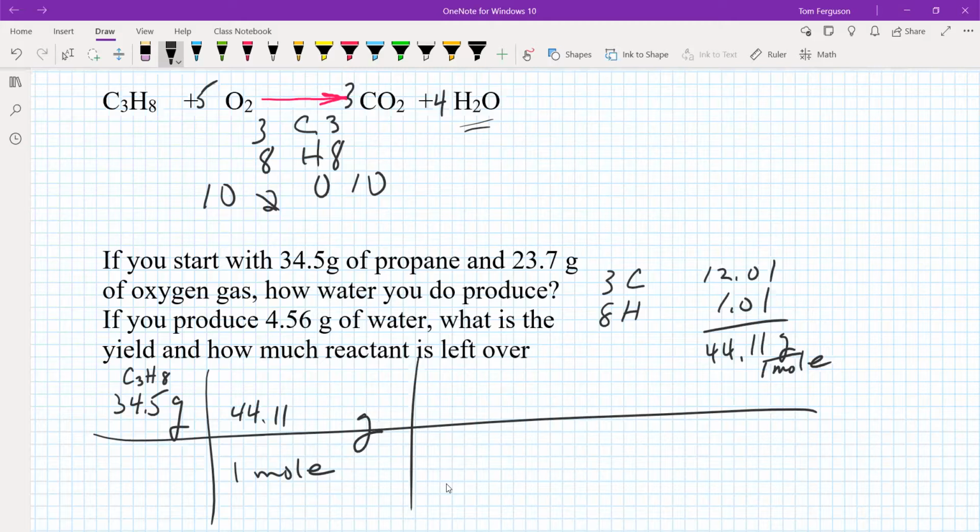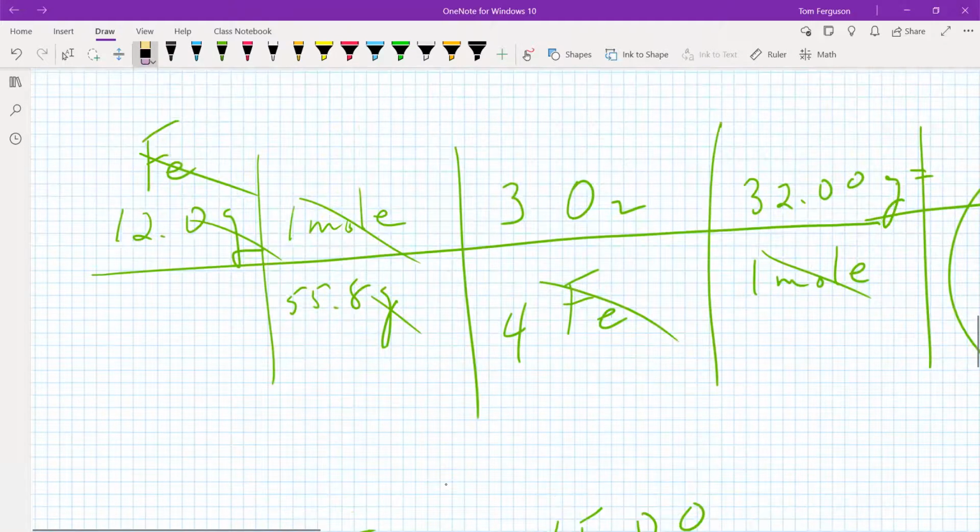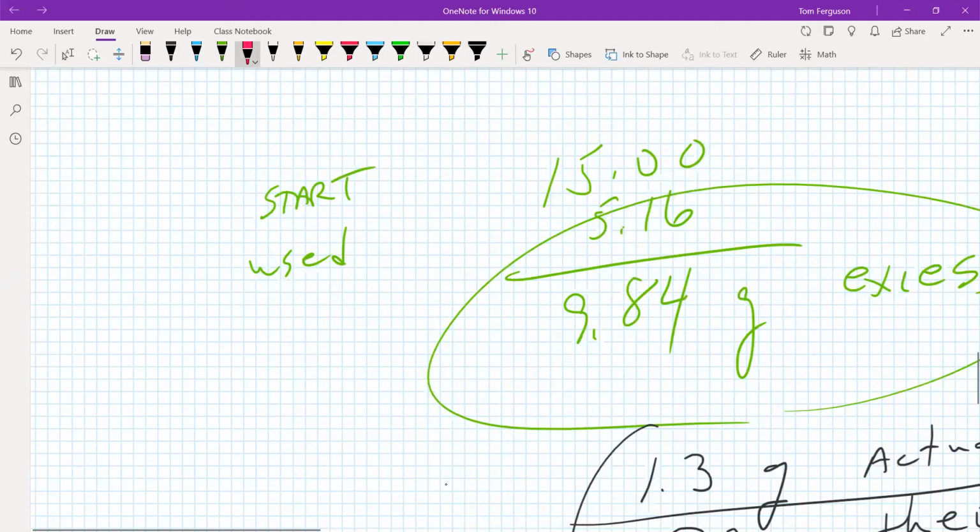what is wrong with the setup I just did, by the way? What do I always have to do in the first step? Oops. You have to, remember the grams have got to cancel.